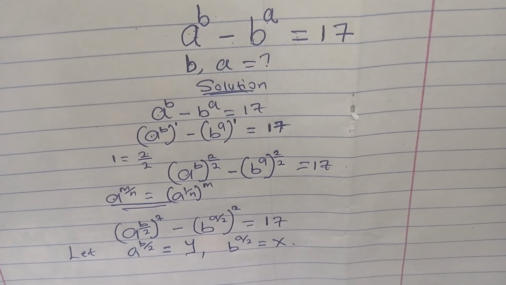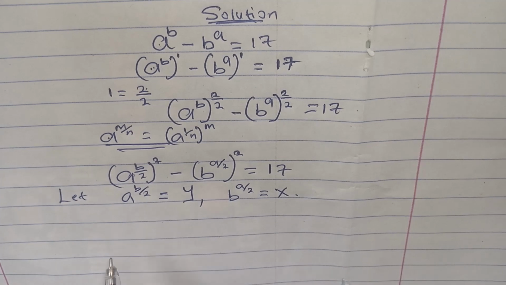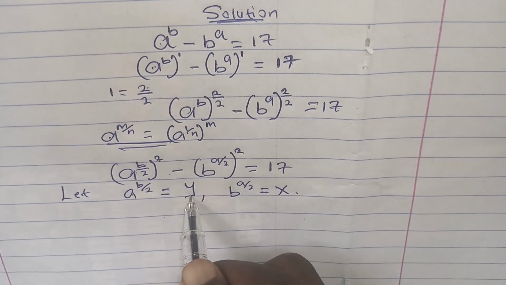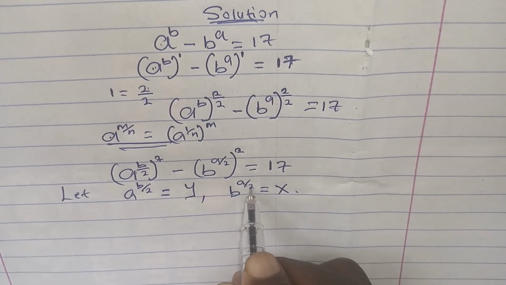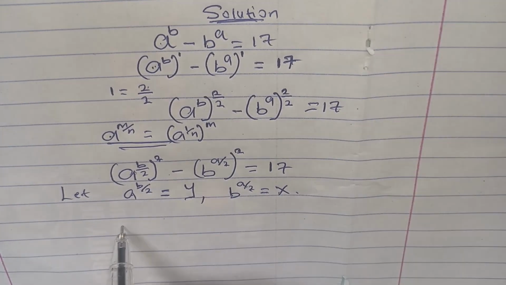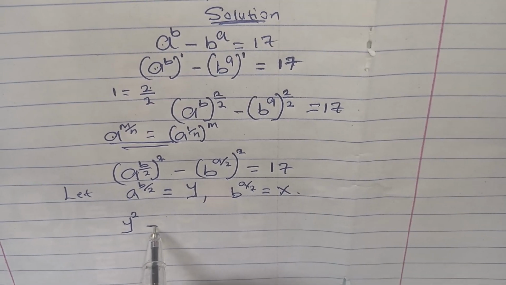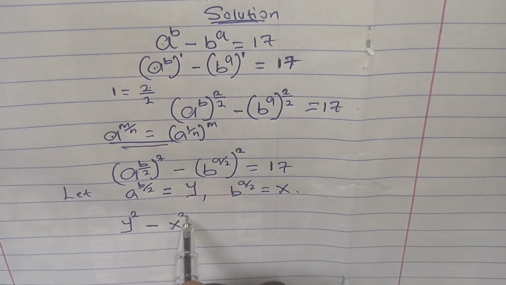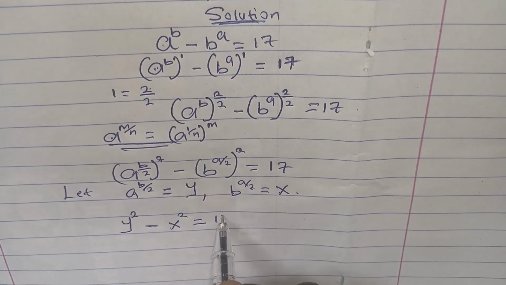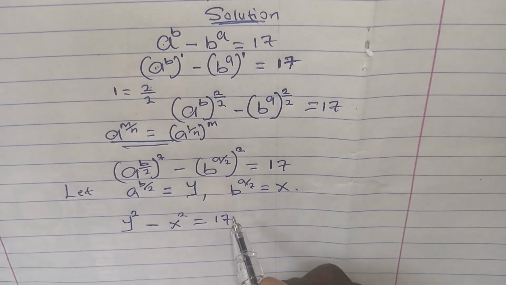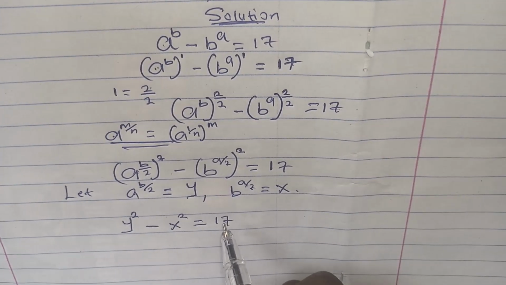Okay, since we've done this, wherever we see a to the power of b over 2, we'll put y, and wherever we see b to the power of a over 2, we'll put x. So simply have this to be y squared minus x squared is equal to 17. Now the equation looks more easier to work with.